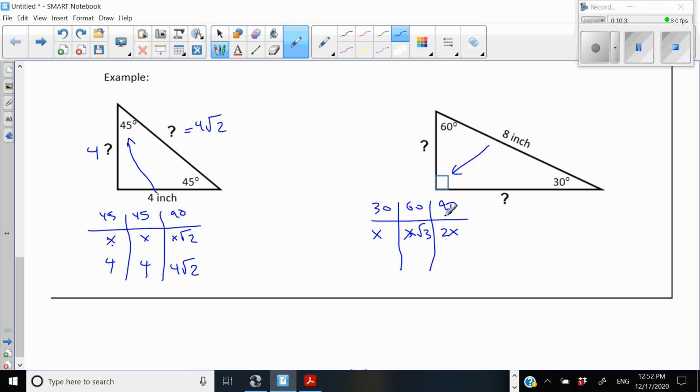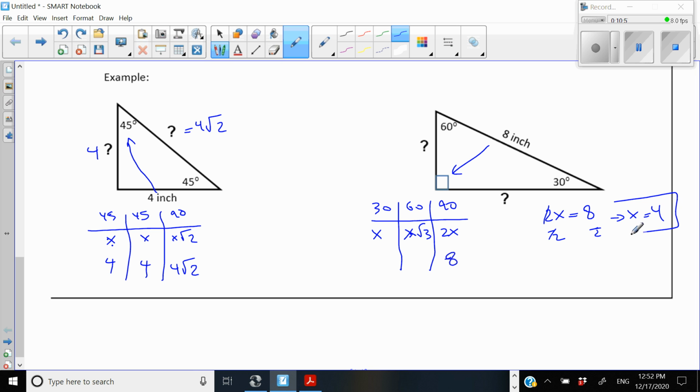So I'm going to write the 8 here. That means 2x, the side which has this ratio 2x, is equal to 8. Now what is x? Just divide both sides by 2, and from here x is equal to 4.